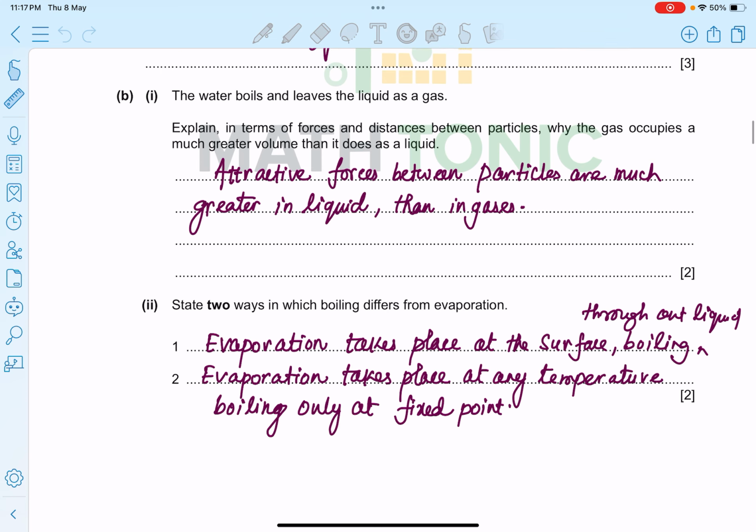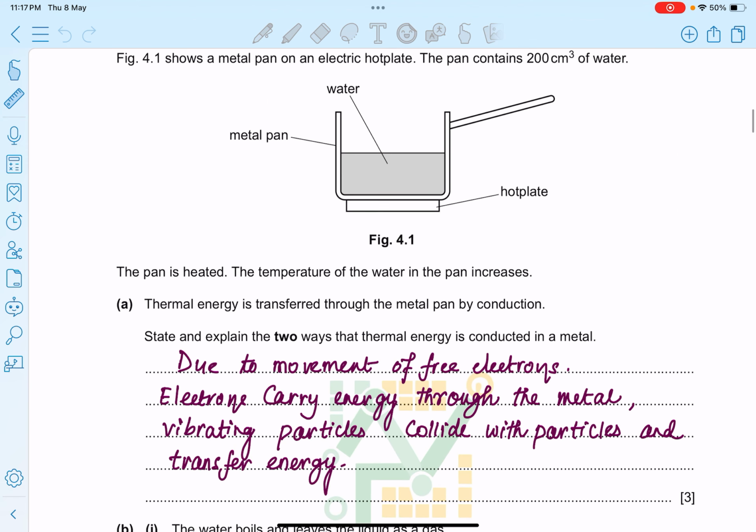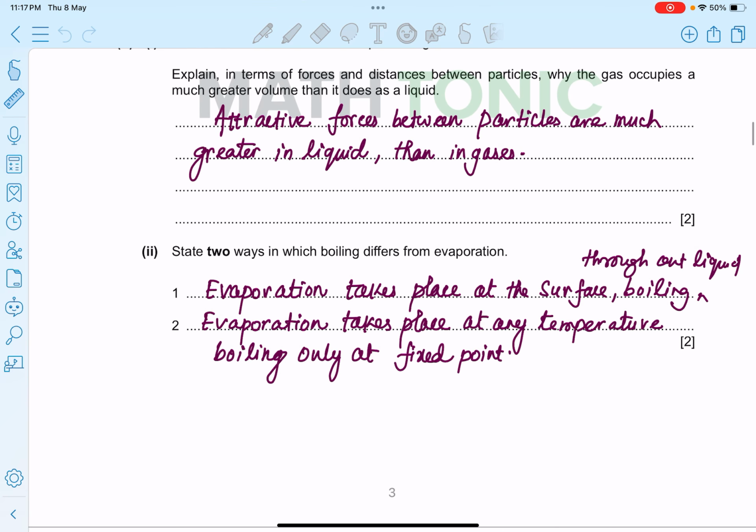State two ways in which boiling differs from evaporation. What is the basic difference between boiling and evaporation? Evaporation takes place at the surface. You can see here, evaporation always takes place at the surface of the water, but boiling happens throughout the liquid.